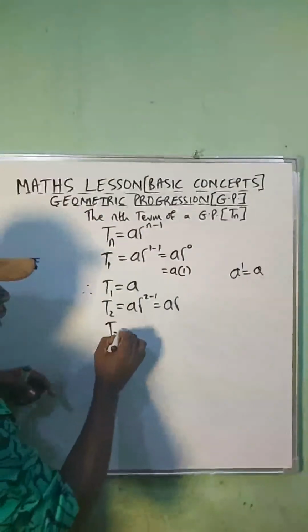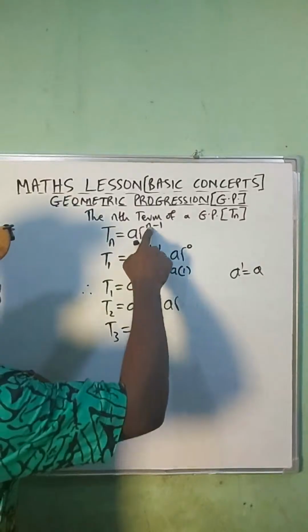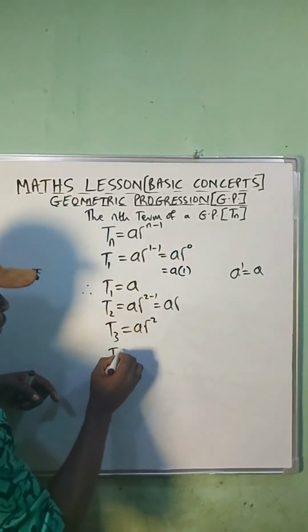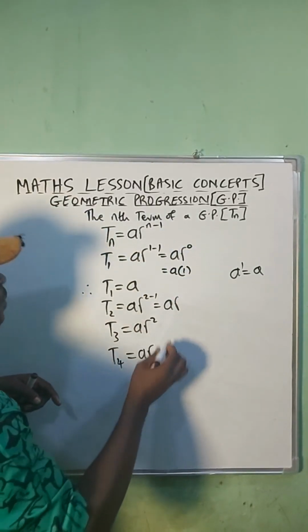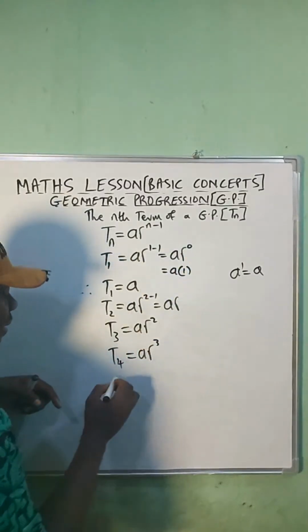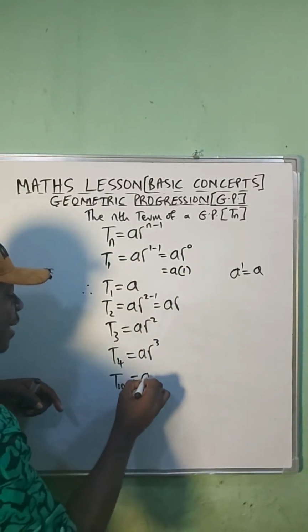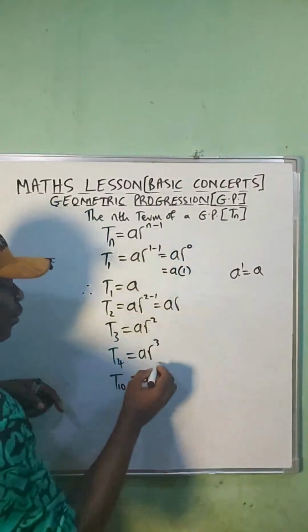Then when you put 3, this will be AR to the power 3 minus 1, which is 2. Put 4, this will be AR to the power 4 minus 1, which is 3. T10 will be AR to the power 10 minus 1, which is 9.